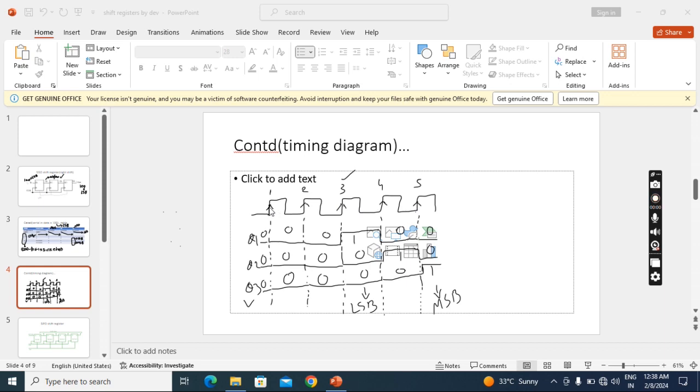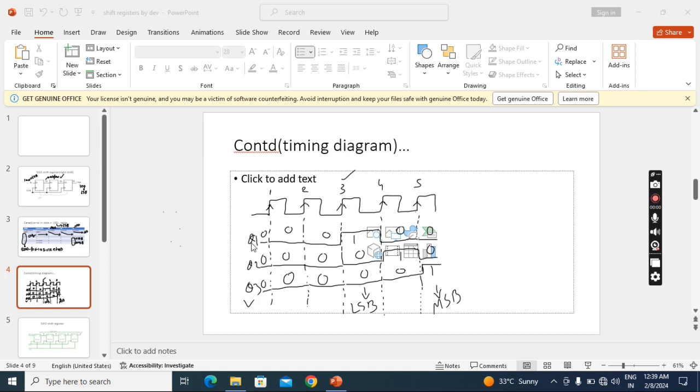Before applying the first clock pulse, what is the status of Q1, Q2, Q3? We have to list them here. This is the clock pulse, and here we list the Q1, Q2, Q3 outputs. You can start with Q3 or Q2, Q1, no problem.